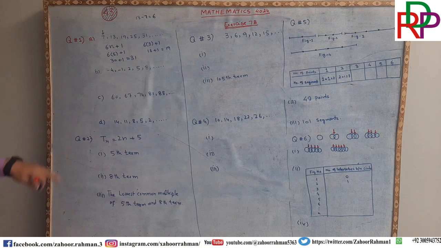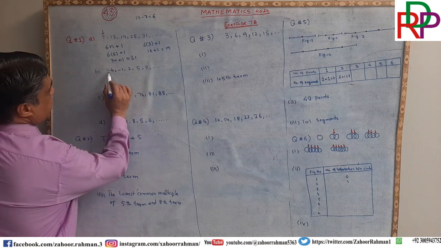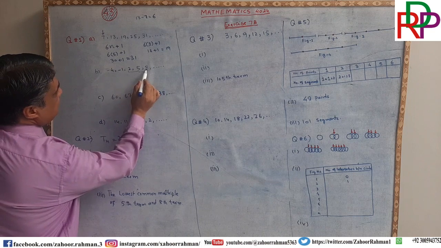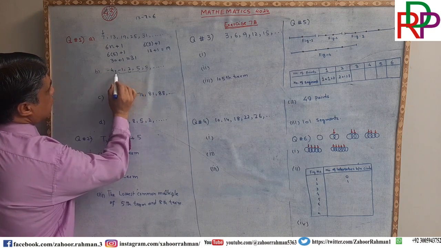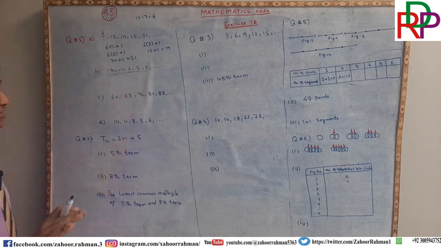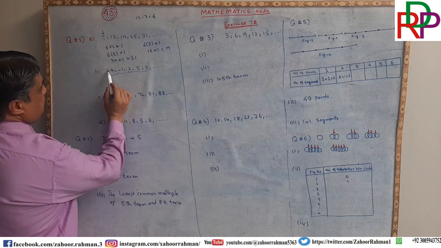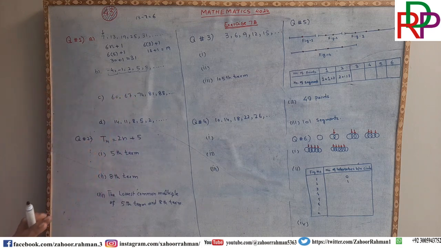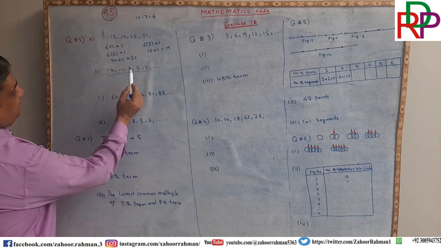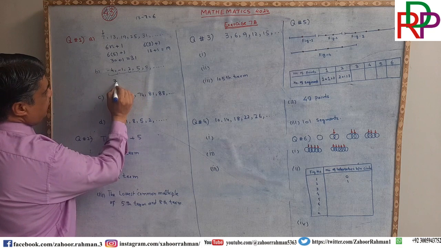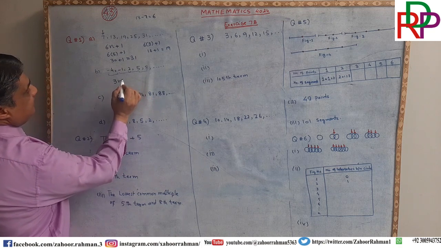Let us do the second part. What is the difference between these two, or these two, or any two terms you can take, without giving consideration to the sign of the number. Negative doesn't mean minus 3. See here, 5 minus 2, so you have to write 3n.